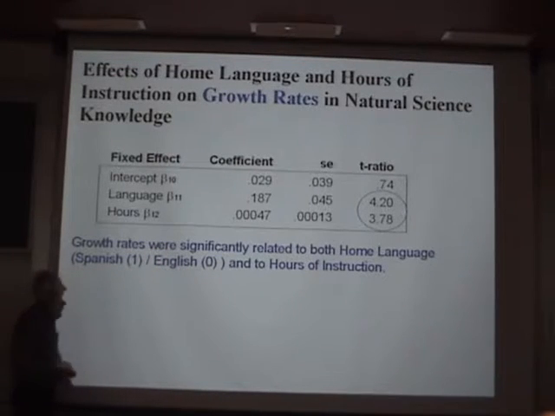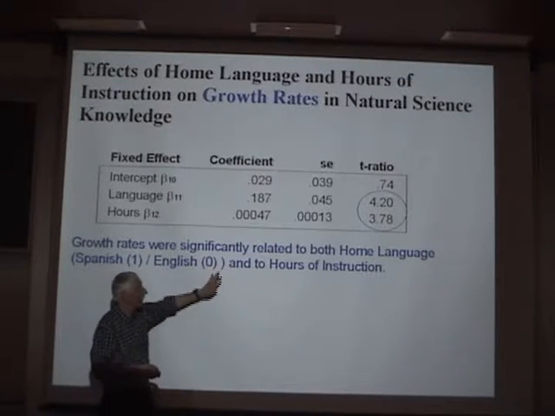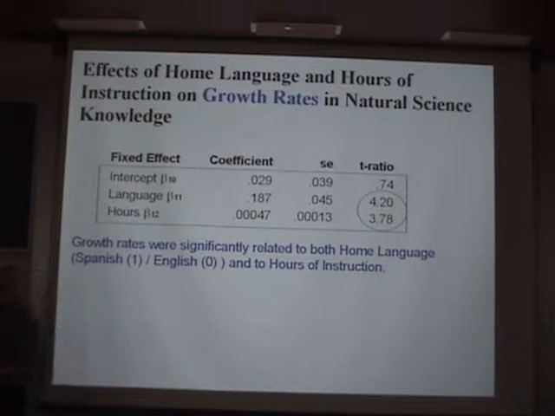So growth rates were significantly related to both home language, where Spanish is coded 1, English coded 0, and to hours of instruction. So the relationship between home language and growth rate is positive.